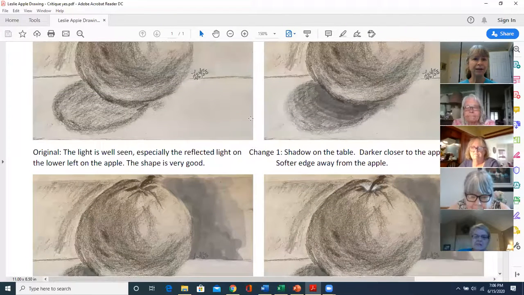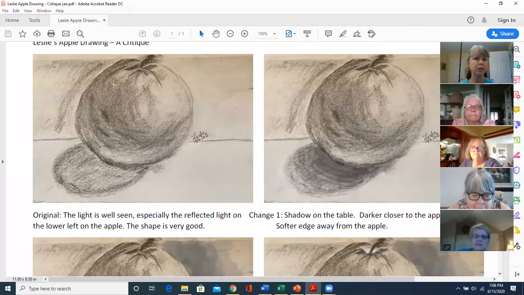But I think with this apple, we could feel very well the roundness of the apple. I didn't comment on any of that. You can see that the light comes from the right-hand side, and then the left-hand side has all of these nice darks, and down here at the bottom you can see the reflected light.